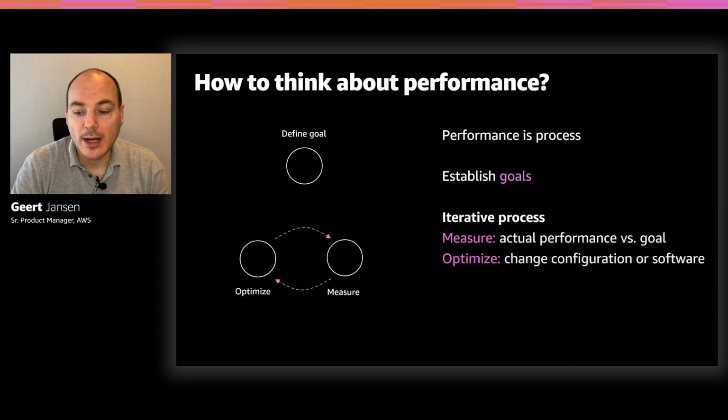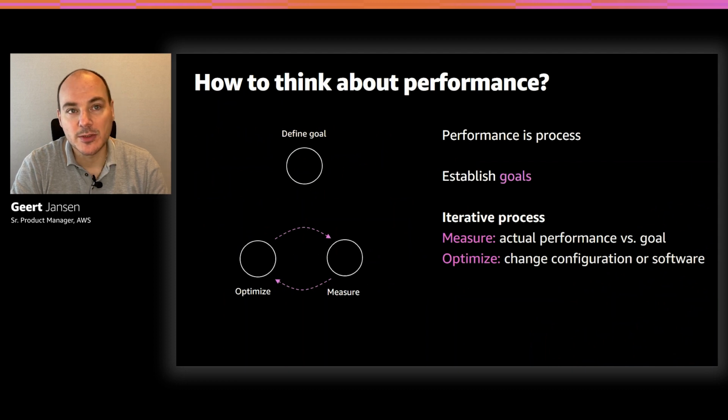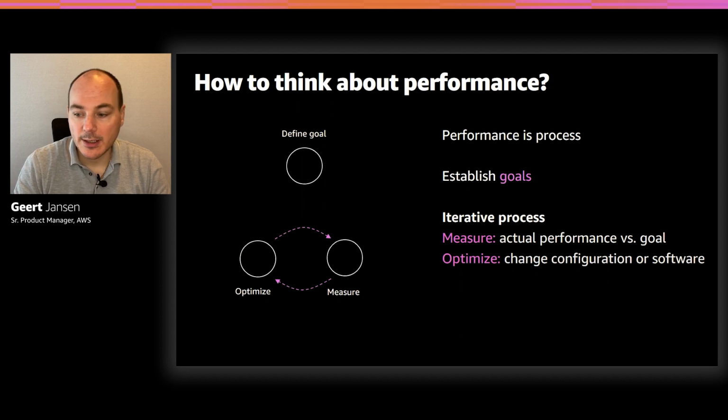Okay, so how to think about performance. The way I think about performance is something that is quite similar to things like security and operational excellence. Performance has to really permeate every component of your architecture in order to get the best performance to your end customers.